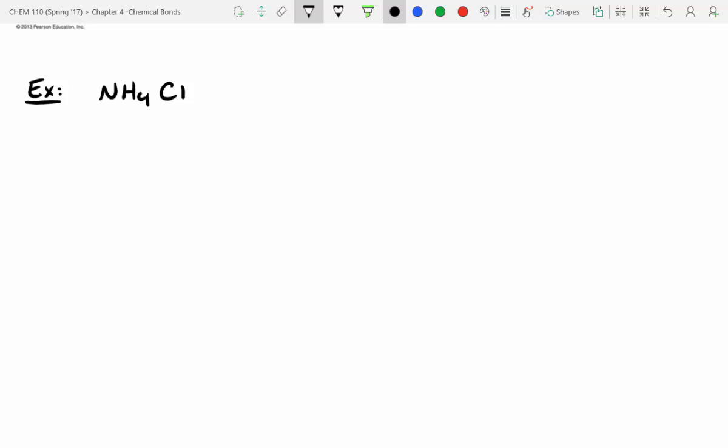That means that it should be named using the covalent naming technique, right? But then we would say, wait a minute, NH4 is one of our polyatomic ions. That means that it's an exception to the rule. So if we look at it, NH4 has its own special name. What is that called? Yeah, it's ammonium ion.